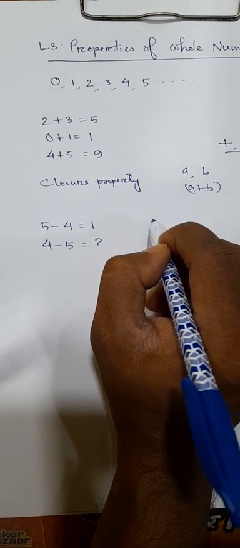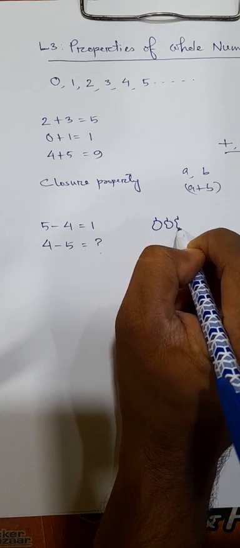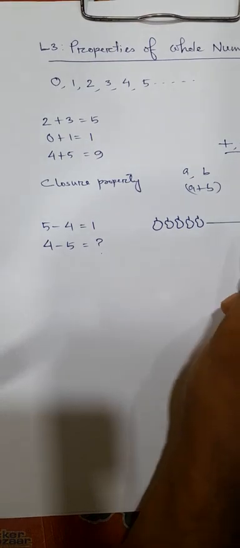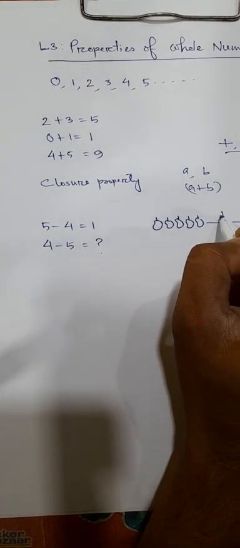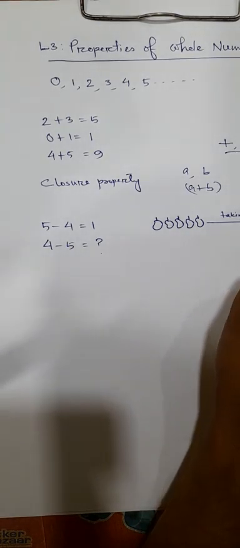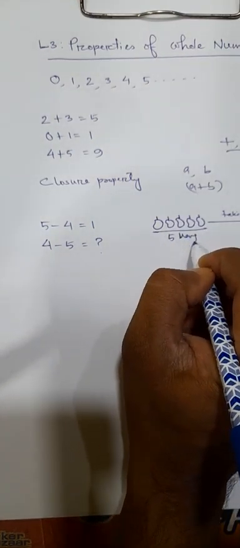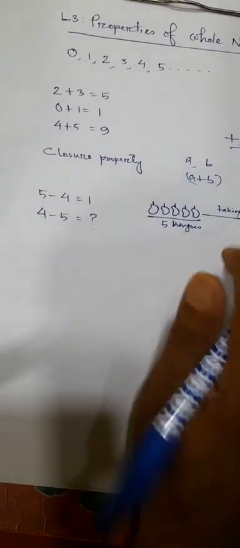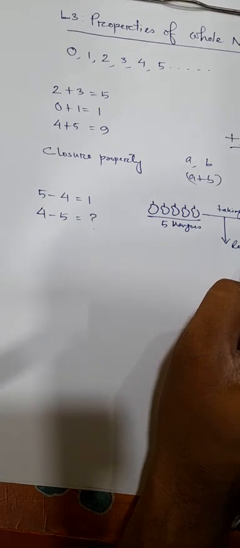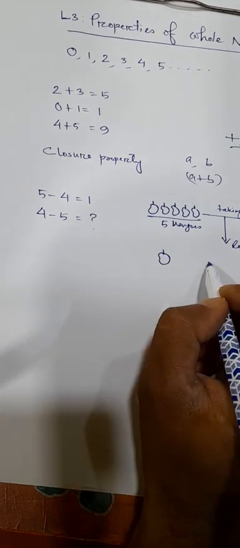Suppose there are 5 mangoes and you are taking away 4 of them. So how many mangoes will remain? 1 mango will remain, right?